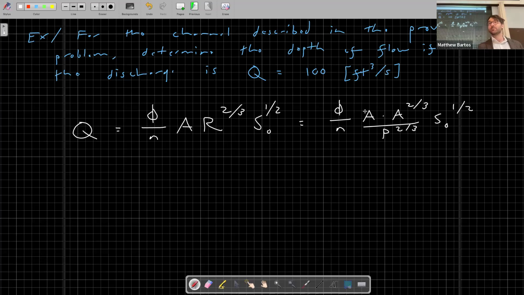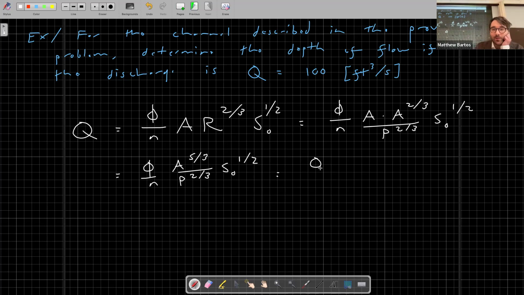What will A times A to the 2/3 simplify to? A to the 5/3, very good. So this will be phi over n times A to the 5/3 divided by P to the 2/3 times the bottom slope to the 1/2 power.